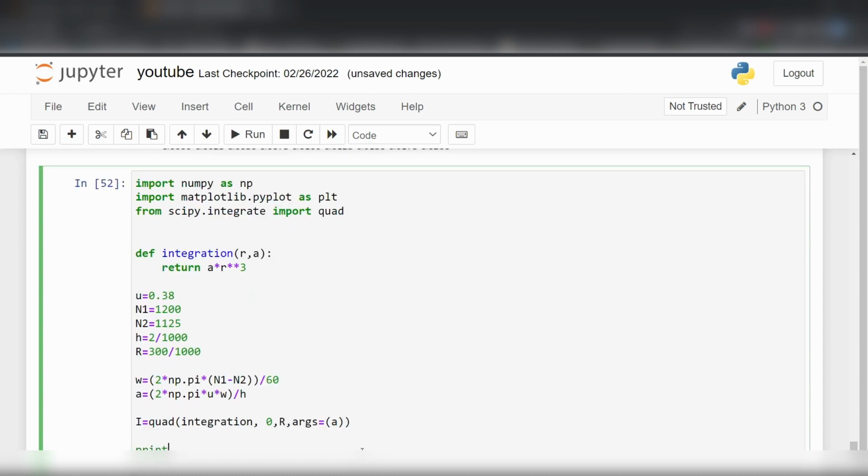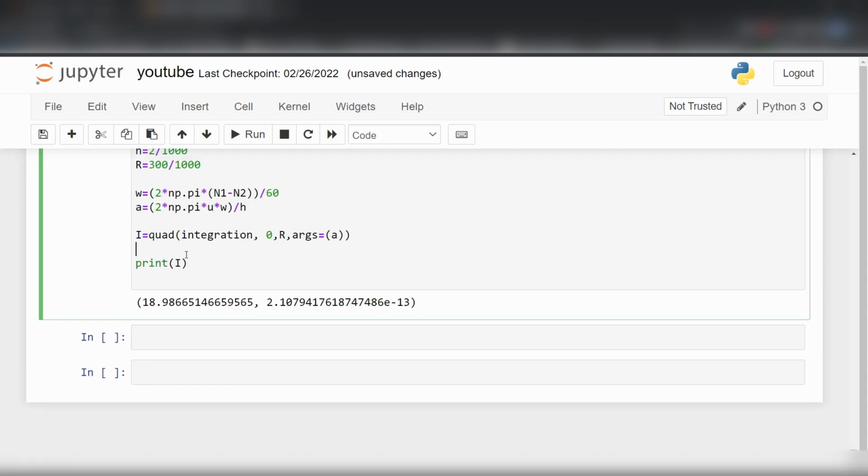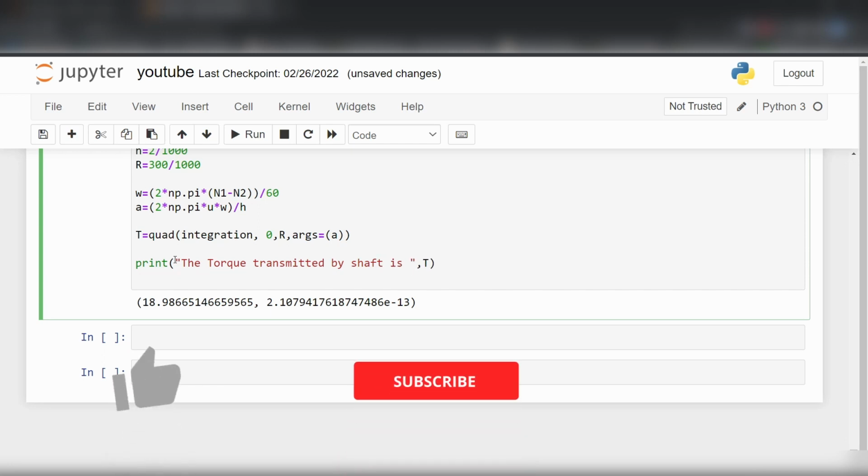If I print this function and solve it, I will say torque T is equal to this, and run it. So the torque transmitted by the shaft is 18.98 Newton meter.